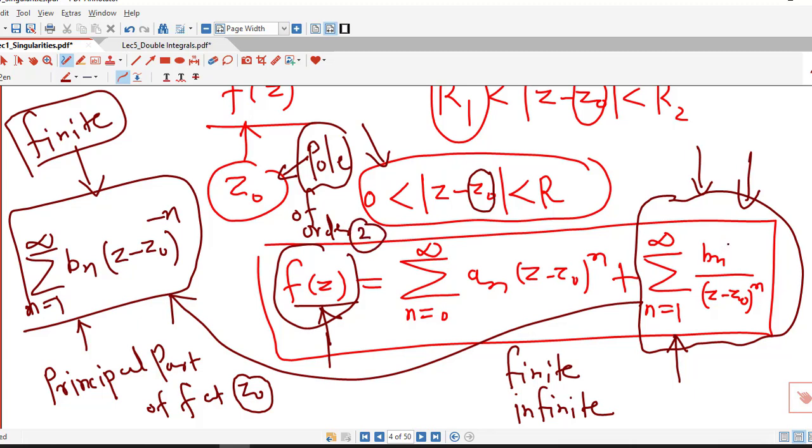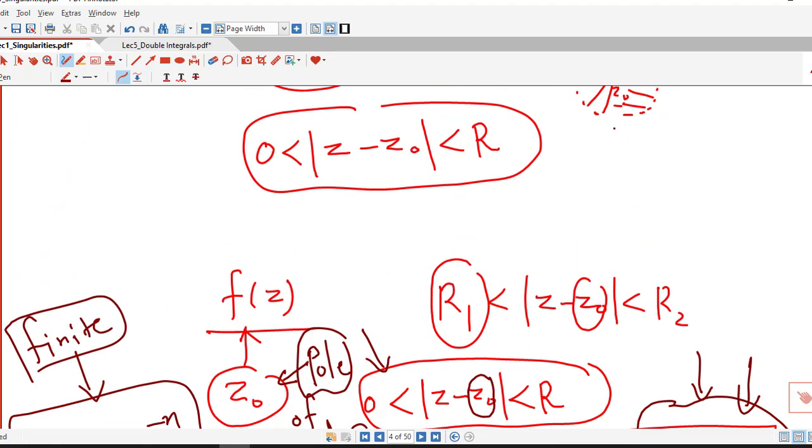So if the principal part of f(z) has a finite number of terms, then z0 is called a pole. If the principal part has an infinite number of terms, then z0 is known as an essential singularity, and if the principal part has no terms, then z0 is called a removable singularity of f(z).